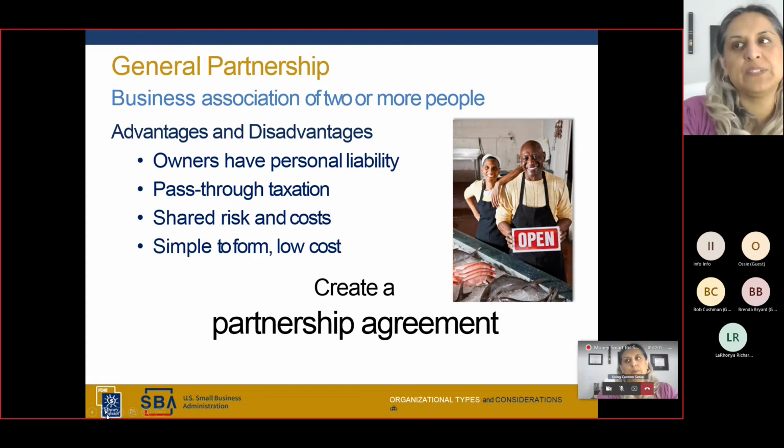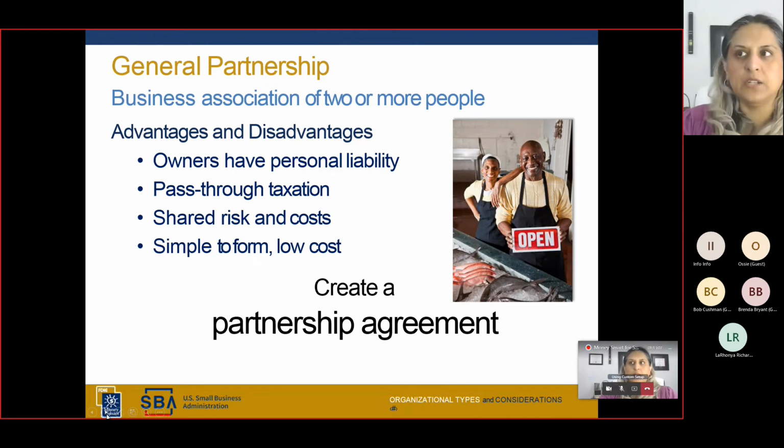Management. Partners have equal management rights unless otherwise stipulated in the partnership agreement. That's where you get into limited partnerships. With that partnership agreement, you can limit what the partner can do management-wise. You can limit what funds they contribute, and what they obligate you to.